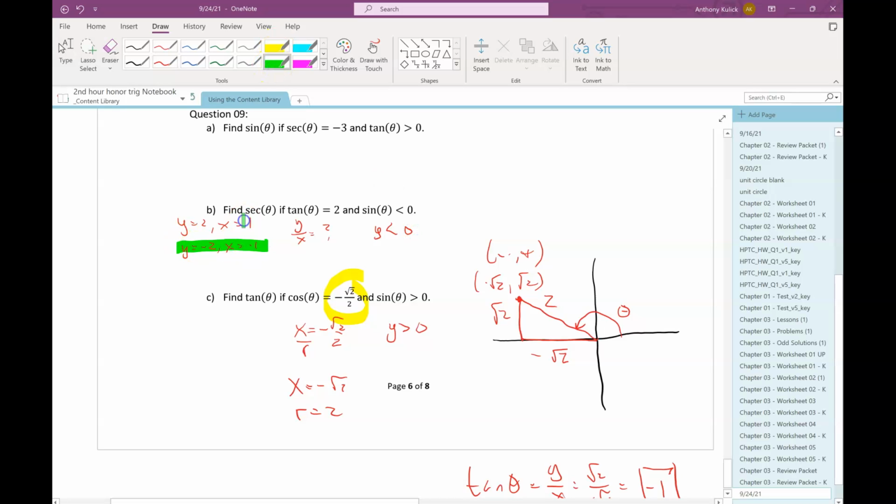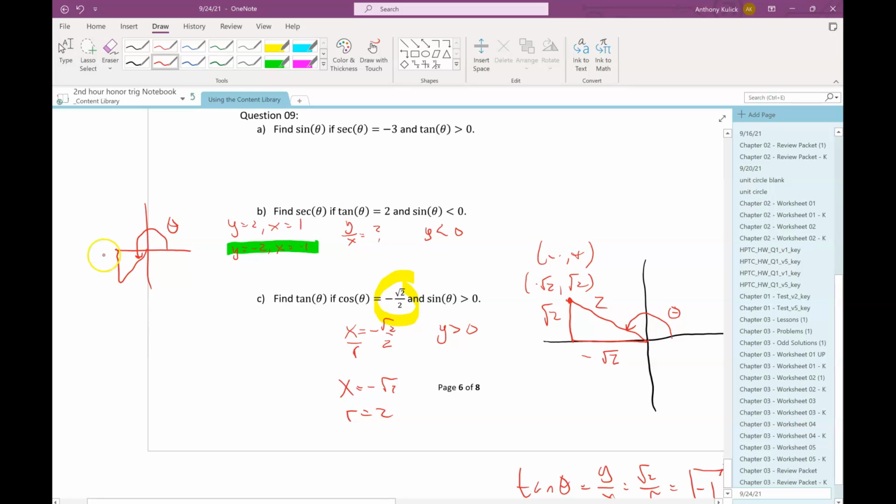So this is the situation I have, where x and y are negative, because I know y has to be negative. So if I draw my picture, I'm down here in the third quadrant. So my y is -2, my x is -1. And if I do the Pythagorean theorem, my r is the square root of 5.